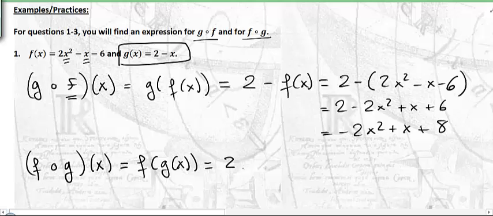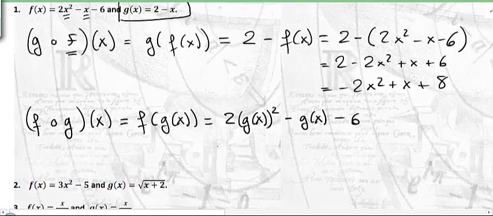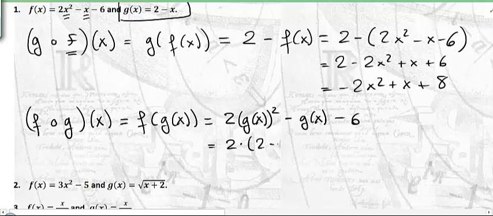So here the input is g of x, so you've got to square it, g of x squared, and then minus the input again, right here, and then minus 6. Okay, so at this point, let's replace the input by the expression that we have for g of x. So it is 2 times (2 minus x) squared minus (2 minus x) minus 6.